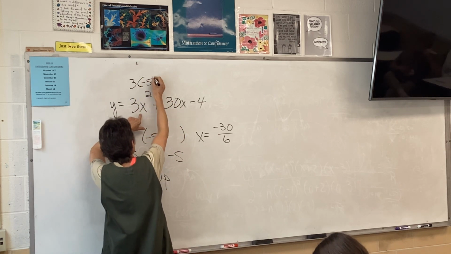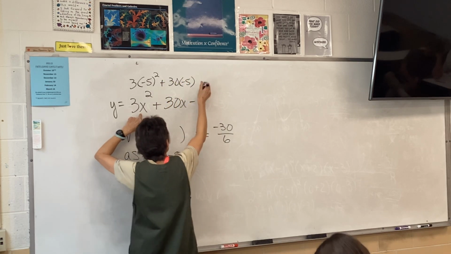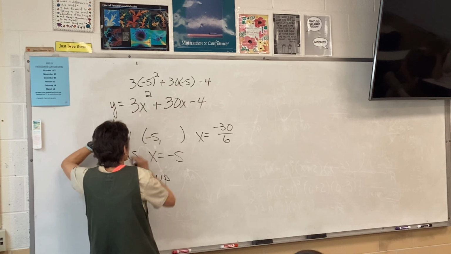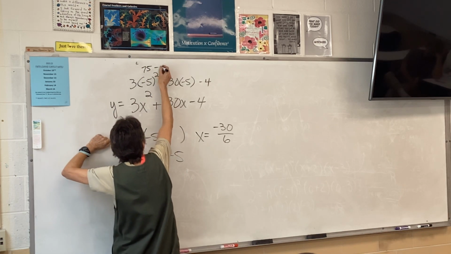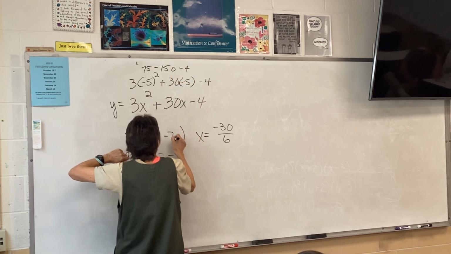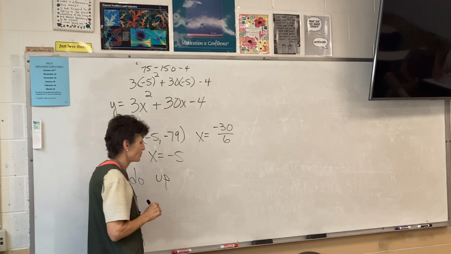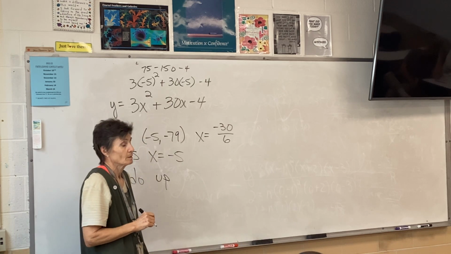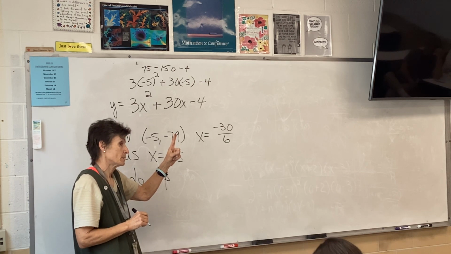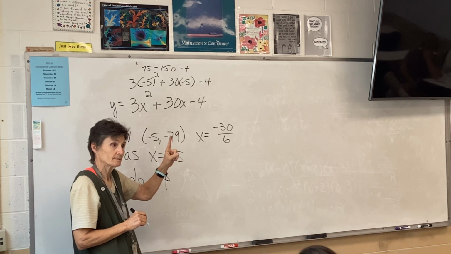So 3 times negative 5 squared plus 30 times negative 5 minus 4. I got negative 79, but I did that without a calculator. Is that what you got too? Quiz problem number 1. Please don't miss that, right? You can do that.